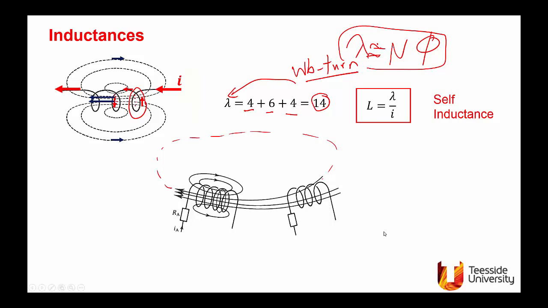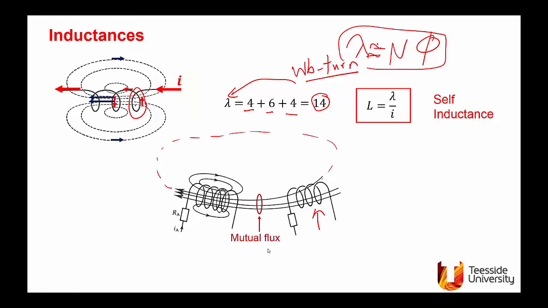We bring this coil here to the proximity of coil A. This coil now is linked by flux generated by coil A. So these flux lines in the middle here link both coils. So these are mutual flux.